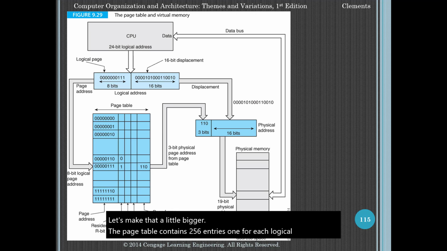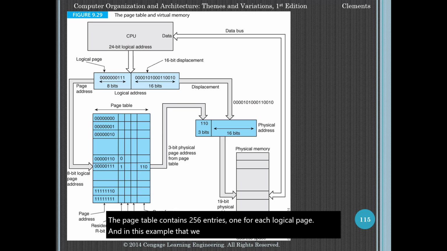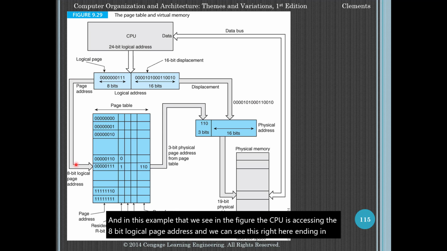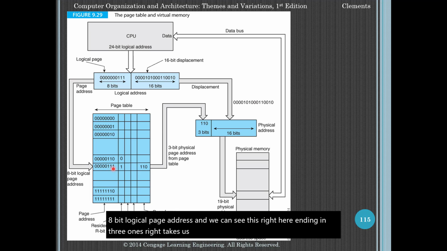And in this example that we see in the figure, the CPU is accessing the 8-bit logical page address, and we can see this right here, ending in 3 ones, right? Takes us down here to the page table, that page address. And each entry contains a 3-bit page frame address that provides the 3 most significant bits of the physical address.